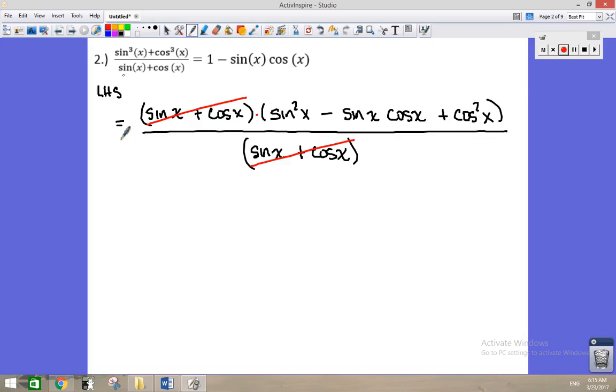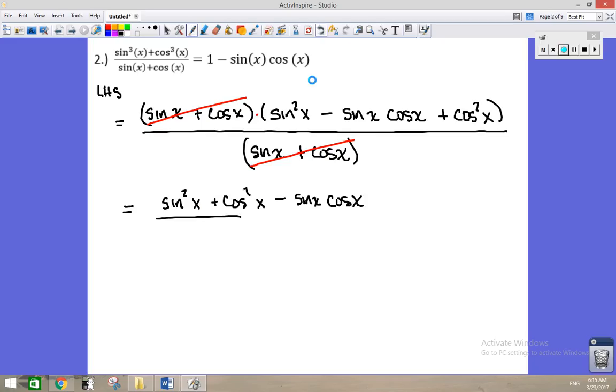All right. Now, the order that we do our addition is not important. So I'm going to rewrite this in a way that hopefully something will jump out at you. I've got sine squared of x plus cosine squared of x and then minus sine of x cosine of x.